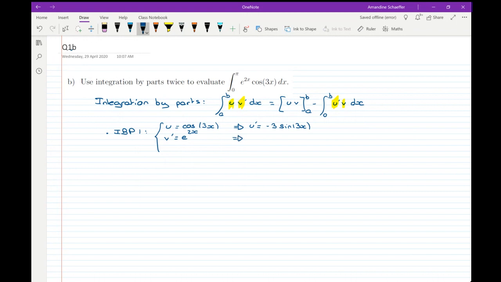And v dash is, if v dash is exponential of 2x, then the primitive is going to be exponential of 2x over 2. Okay, so let's just do it. So I'm going to call the integral I. So the integral between a and b, in 0 and pi.